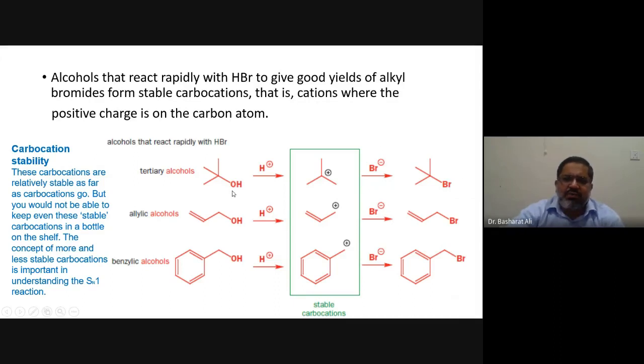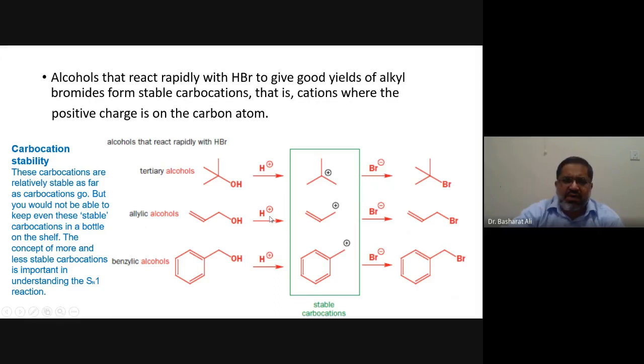Overall, we observe that the alcohol group is replaced by a bromide group, and as we have mentioned earlier, this type of reaction is known as a nucleophilic substitution reaction, as OH is replaced by bromide and one nucleophile is replaced with another nucleophile. There is another example of allylic alcohol.